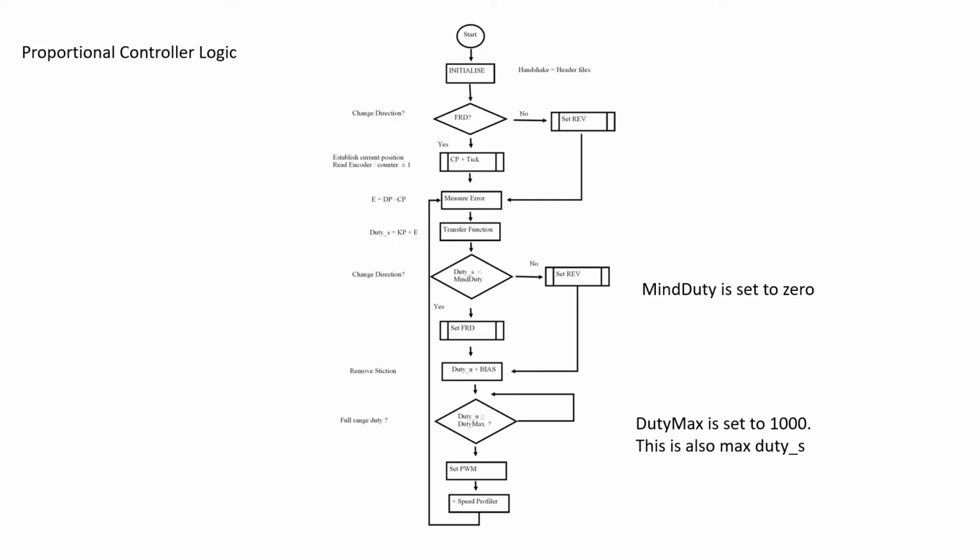If you want it to go forward or backwards, it measures error, and it calculates the duty and the transfer function, and then it decides again whether you want it to go forward or backwards.